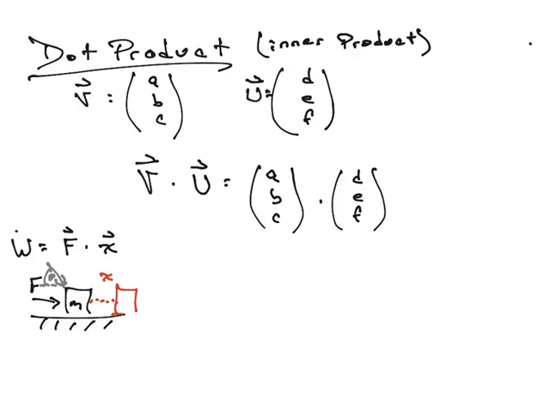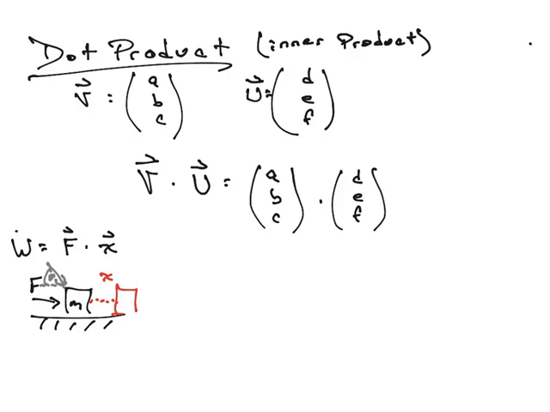Maybe you're pulling a wagon, and so it's just natural that there's a slight upwards force along with the pulling force. Well, it turns out in physics, the work only depends on how much of the force is in the same direction as the distance traveled. So any amount of force that's perpendicular to that doesn't count in the work.